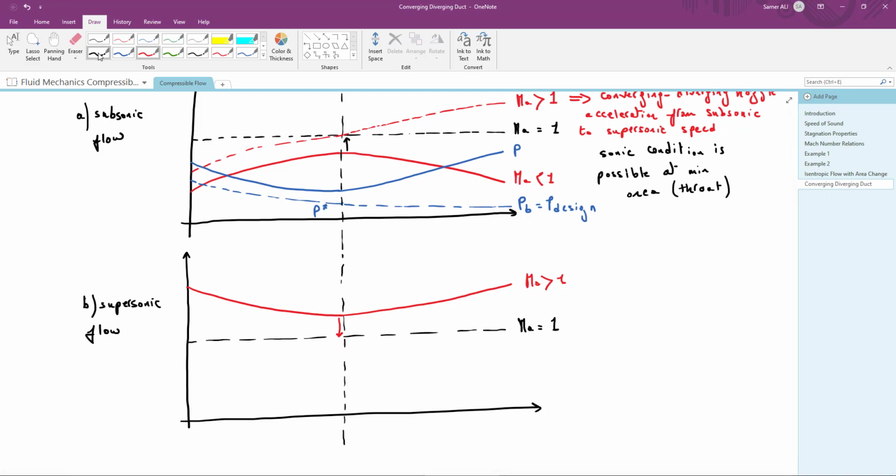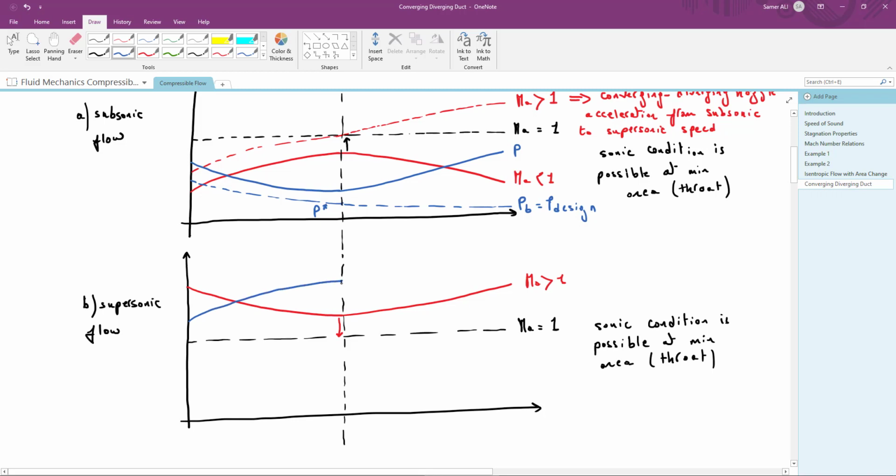So we can say also that the sonic condition is possible at the minimum area, or is possible at the throat. Okay, so for the pressure distribution, we'll have this opposite variation trend. So the pressure will increase until it reaches the maximum value at the minimum area location, then it will decrease in the diverging section. So this is the pressure distribution.